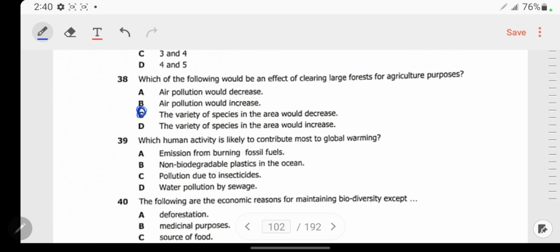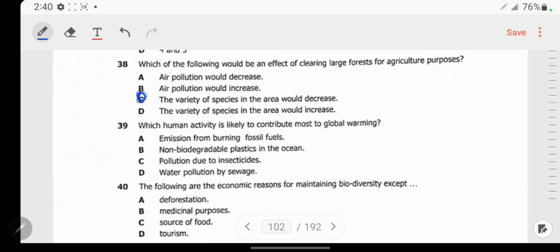This contributes to global warming. Now let's look at B, non-biodegradable plastics. No, that does not necessarily contribute to global warming. Pollution due to insecticides, no. So the best option here is A, because the burning increases the temperature.